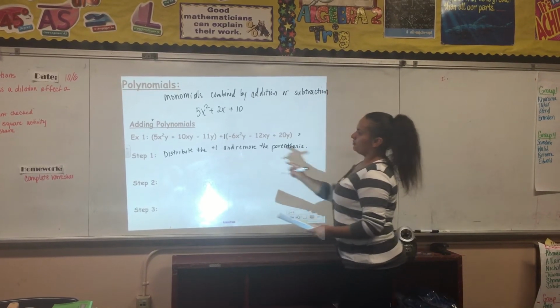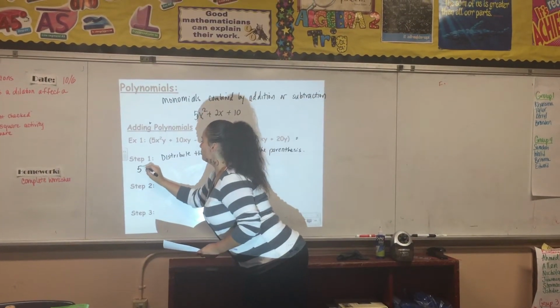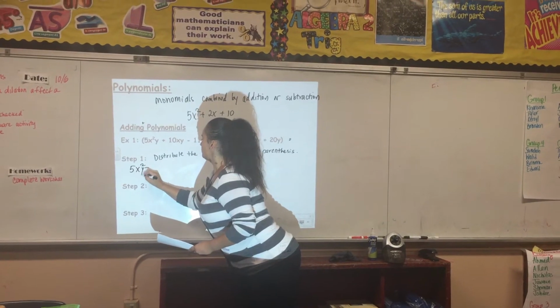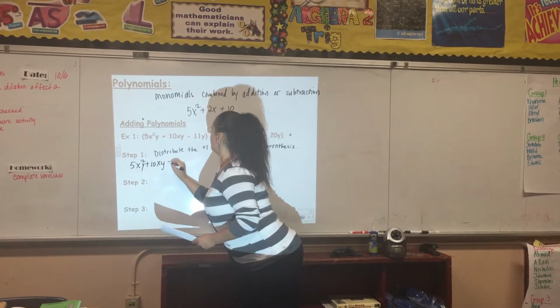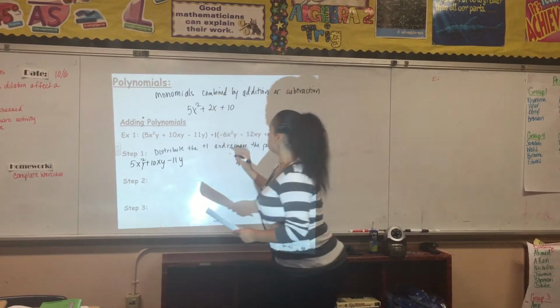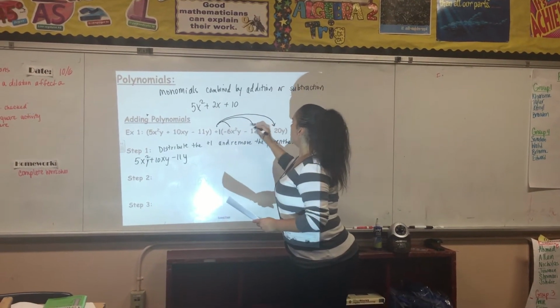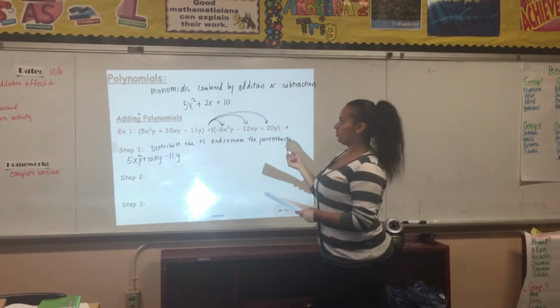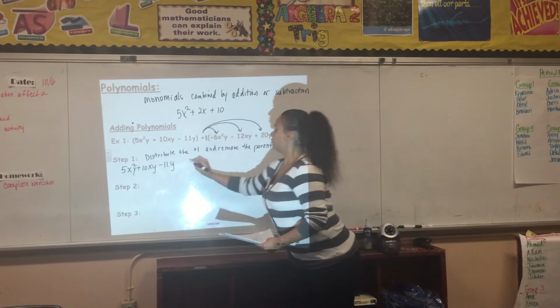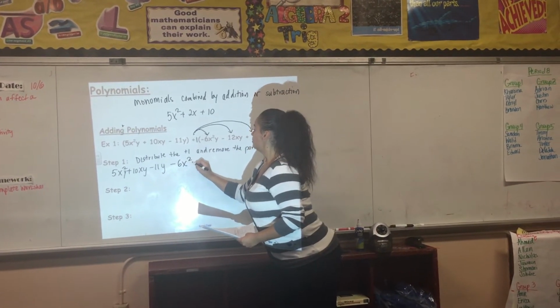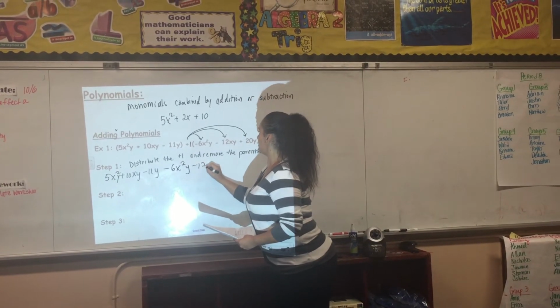So let's do that. We're going to keep the first polynomial the way it is. Distribute the positive 1. And notice when you multiply any term by positive 1, you're not changing the value of the monomial. So you're just simply rewriting.